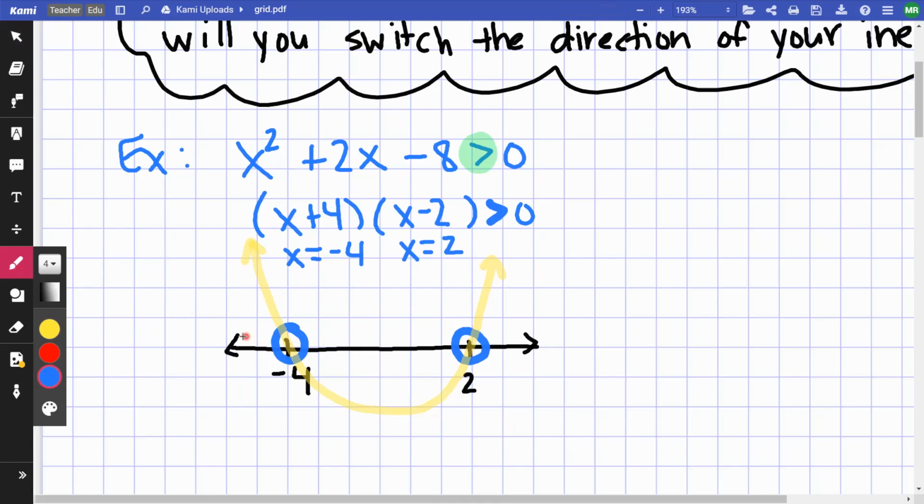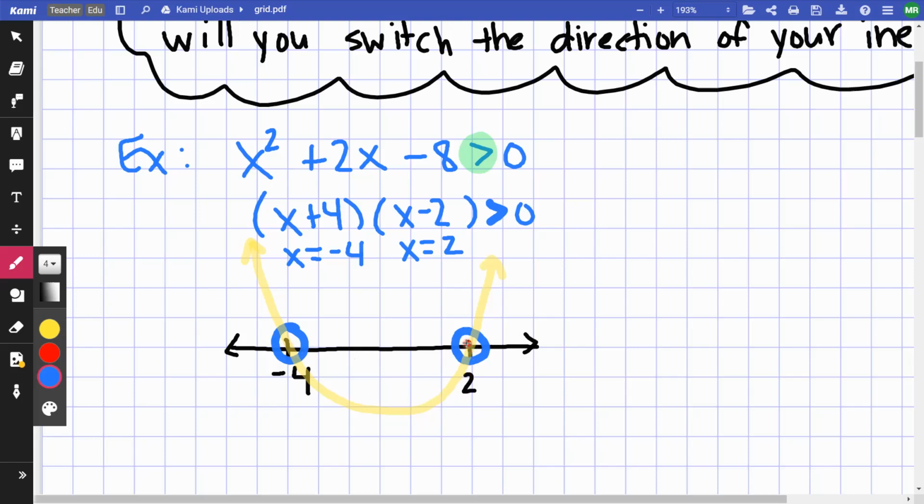So if I'm on the outside of -4, any of the values going out here, do you see how the y's I'm getting are above the x-axis? These are greater than 0. Anything out here is greater than 0 because it's above this line. This is at 0. Anything between my -4 and 2 gives me something less than 0. That's why I'm below the x-axis.